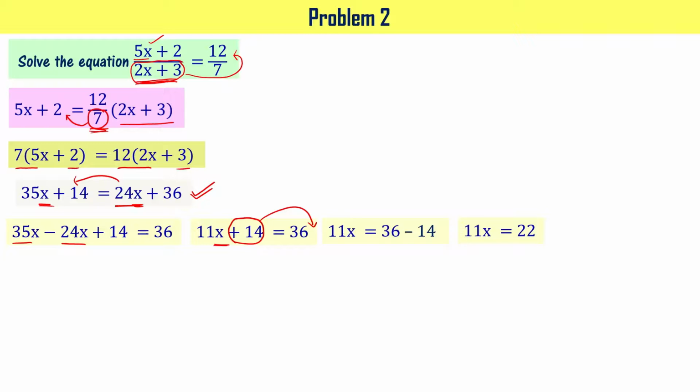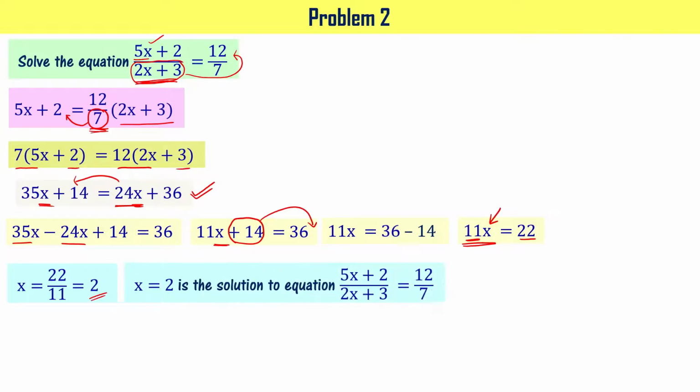Now, 11 is multiplying the variable x, right? If I transpose this particular 11 onto this side, then I'll get the value of x. Let's do that. x is going to be equal to 22 by 11, that is equal to 2, right? So x equal to 2 is the solution to the given equation.